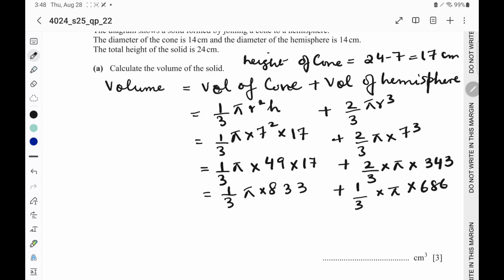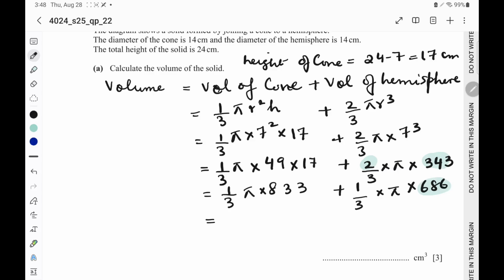I just multiplied this 2 and 343 to find out the value, which is 686. So that is 833 divided by 3 pi and 1 upon 3 into 686 times pi.